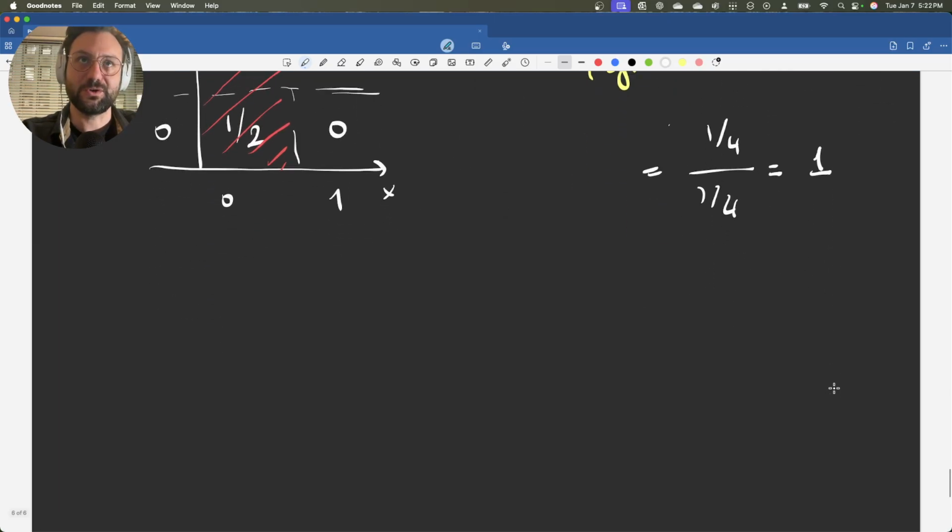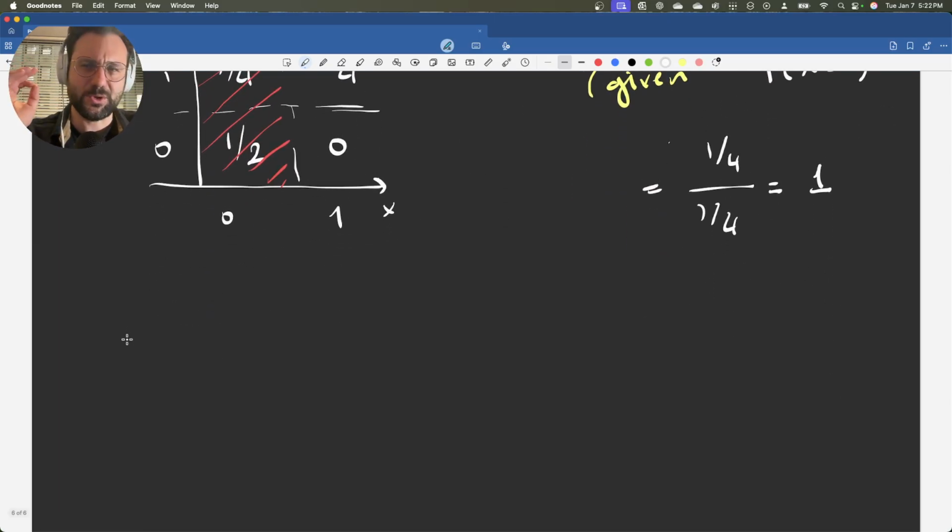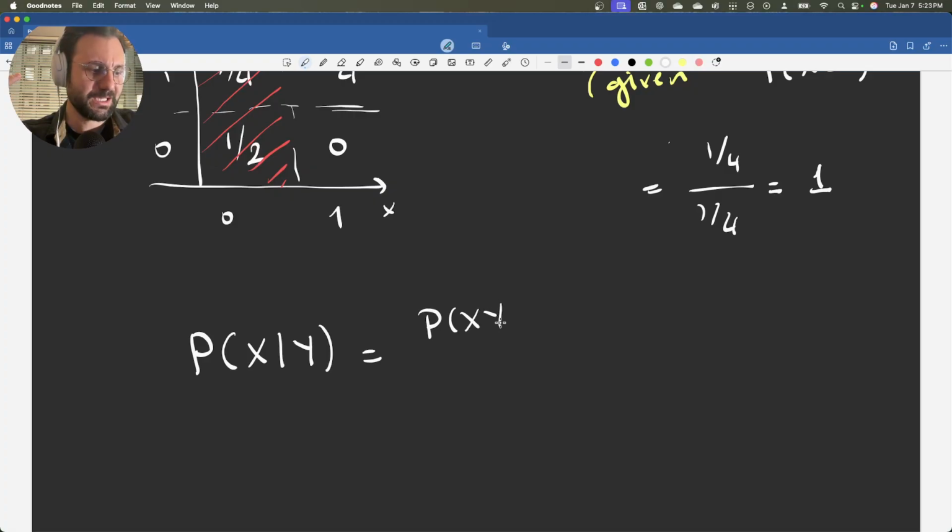The definition of conditional probability, which is going to be very important for understanding Bayesian inference, is the probability of x given y. This is how the conditional probability is obtained: probability of xy divided by probability of y, because I know y is already given, and so my space is no longer the whole space.